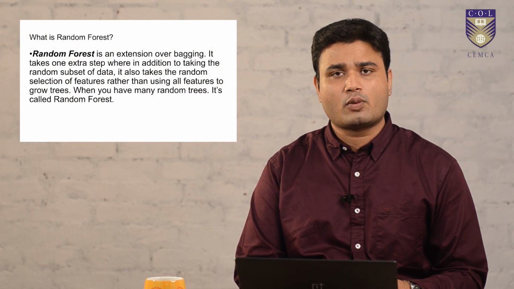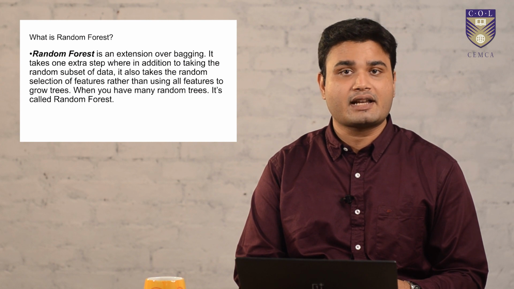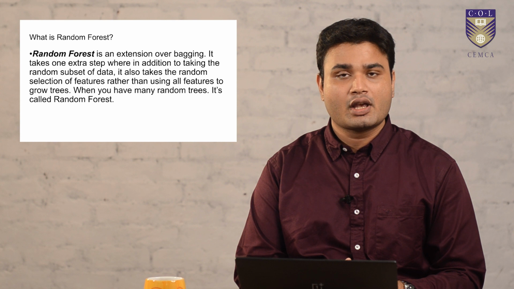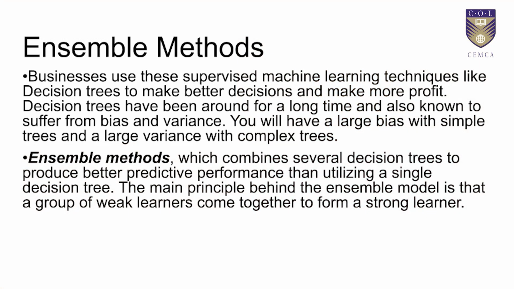So why this name? What is so random about this random forest, and what is the specificity of these particular terms? Random forest is an extension of the bagging technique, but it has an extra step added to it. The random term comes from randomly selecting the features that we are going to use to build this model, and also randomly selecting the data that we are going to train on.